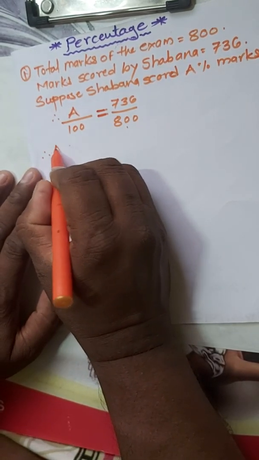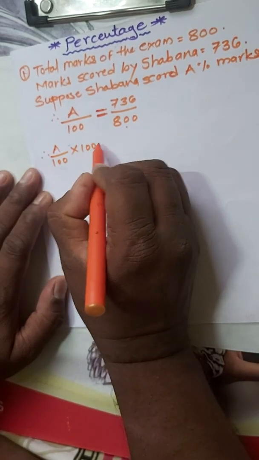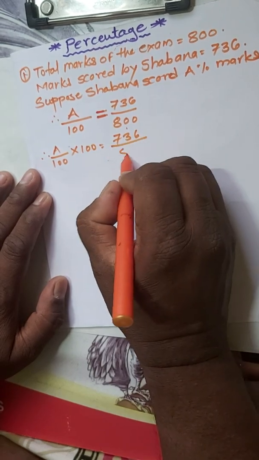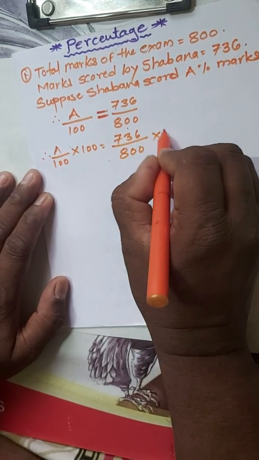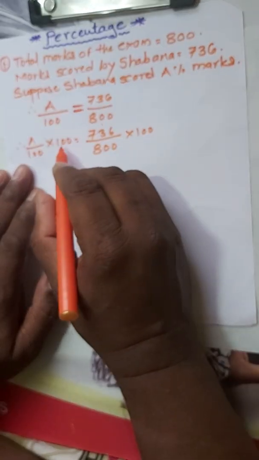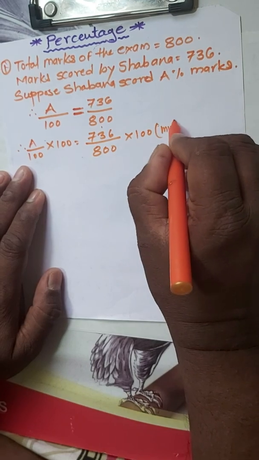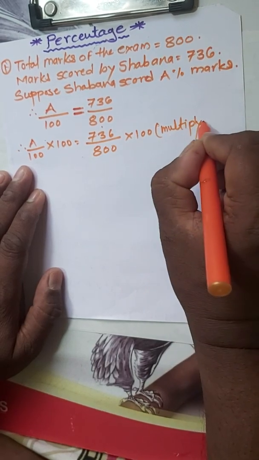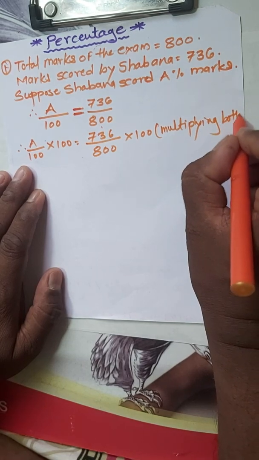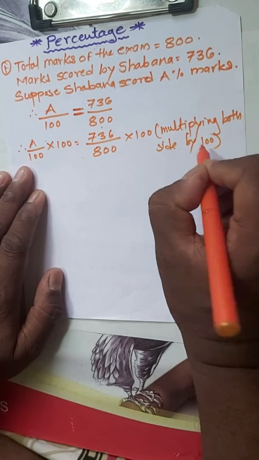So a upon 100 multiplied by 100 is equal to 736 upon 800 multiplied by 100. What we do here is multiply by 100 on both sides. So we write multiplying both sides by 100.